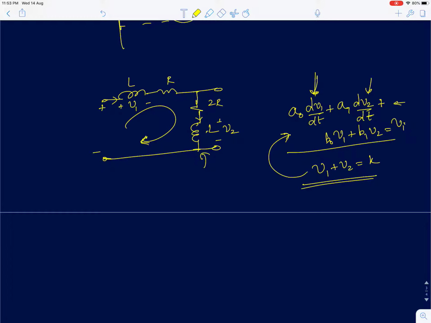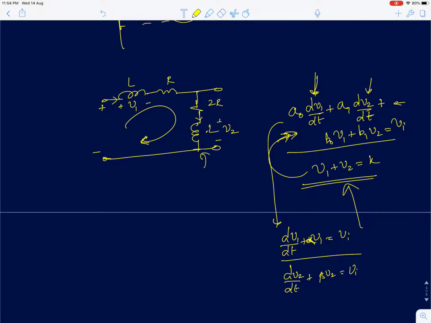If I substitute V1 in terms of V2 or V2 in terms of V1, I can reduce the first equation to a simple differential equation in terms of V1, with some coefficient alpha, or to an equation of this form, some beta V2 equals Vi. Then once I know V1, I can use this equation to find V2. They both are linearly related.